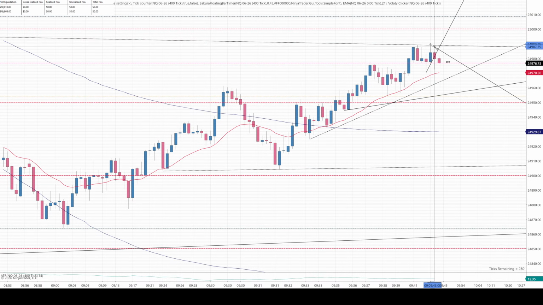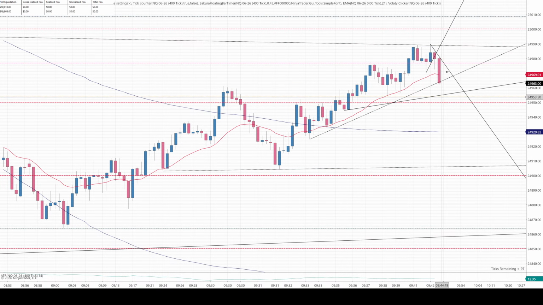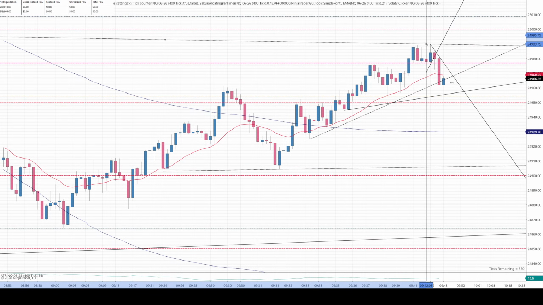Every time I think we're getting a pullback, buyers buy it back up. All right, there we go. That's a pullback. That is a legit pullback.